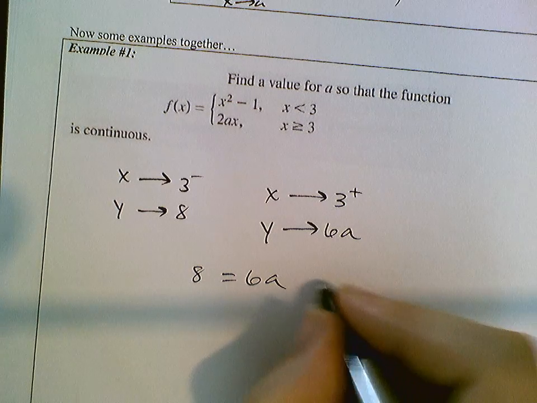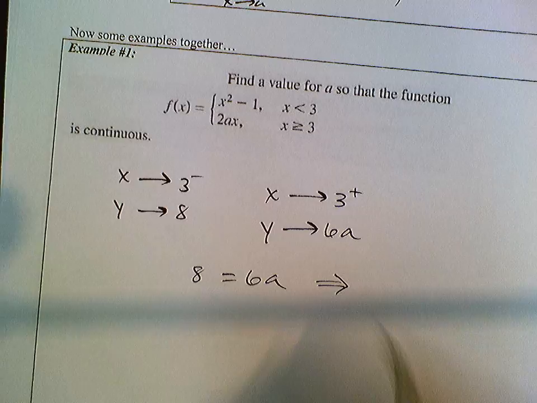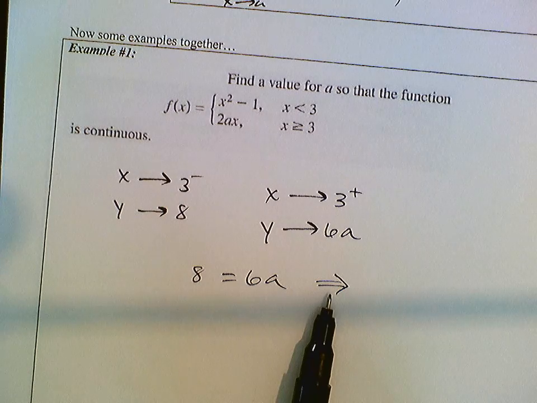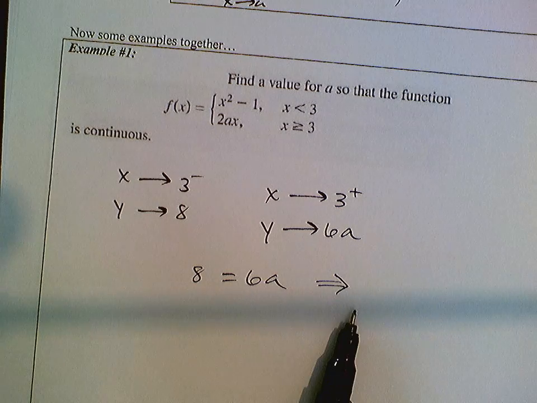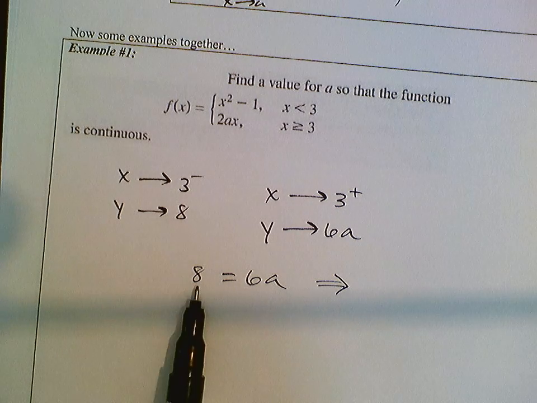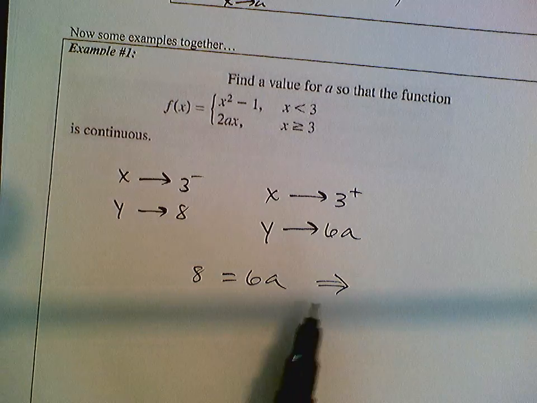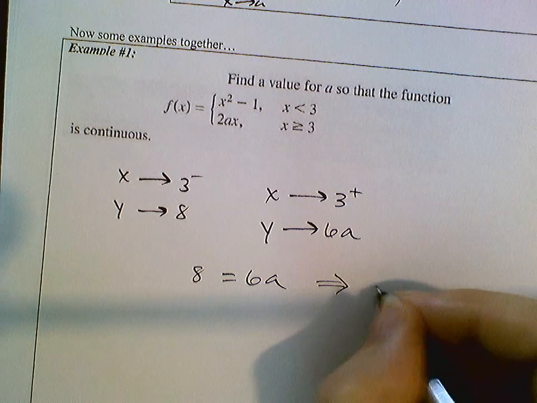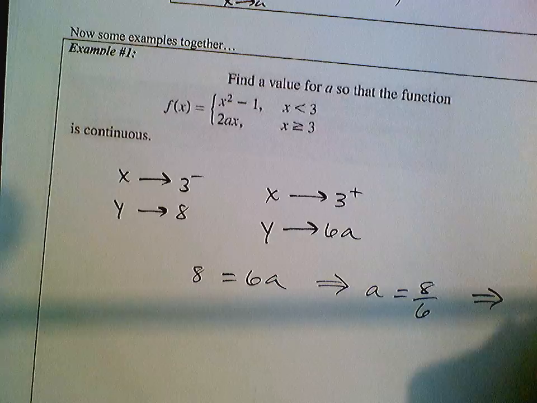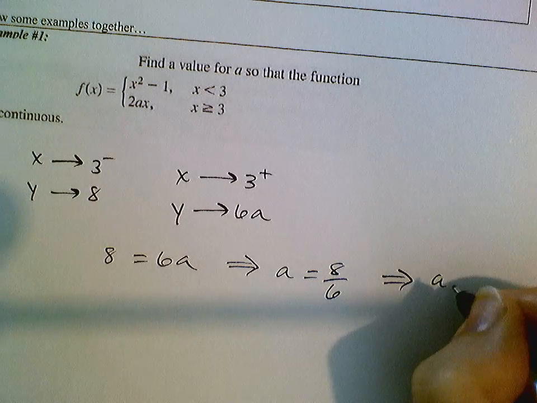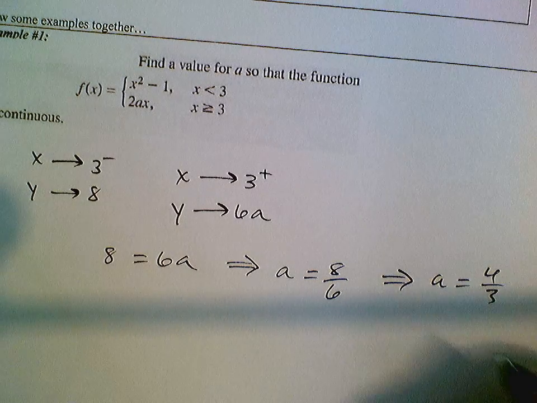If 8 equals 6a, guys, this arrow just means if-then. In college, I saw this notation a lot, so I'm going to start using it more. If 8 is equal to 6a, then a is equal to 8 over 6. Then a is equal to 4 over 3.